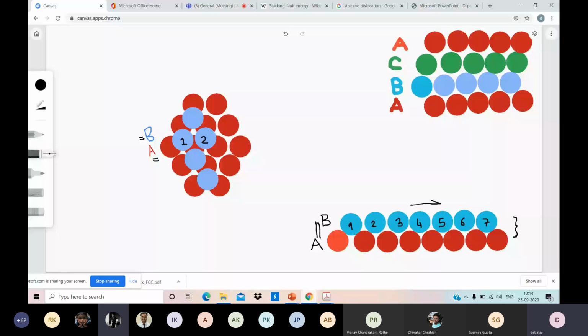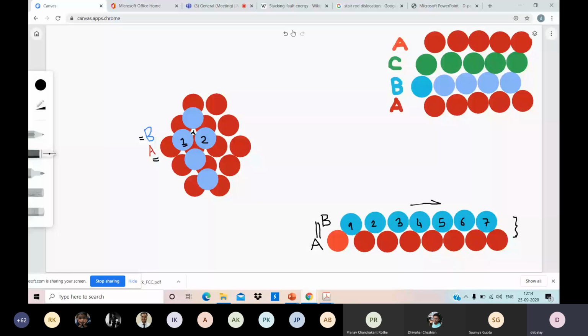If I put an atom in position 1, can I, on the same plane, put an atom on the position I am showing by a spot? No, because they will knock out each other.